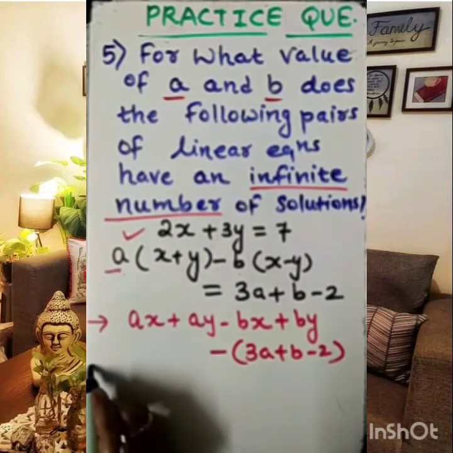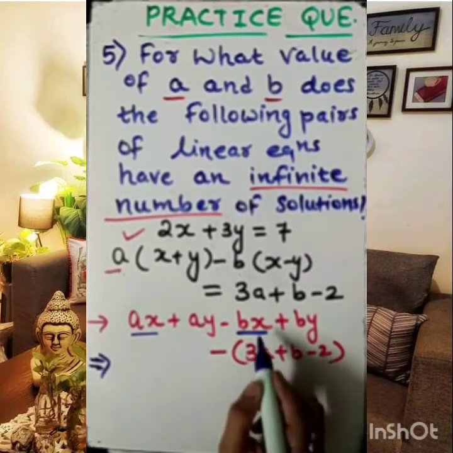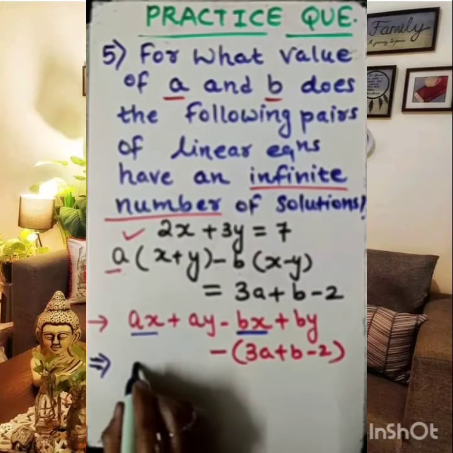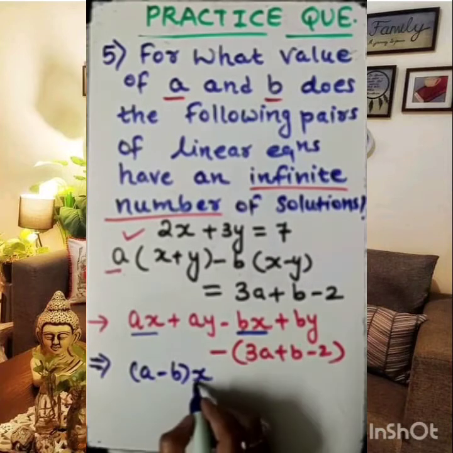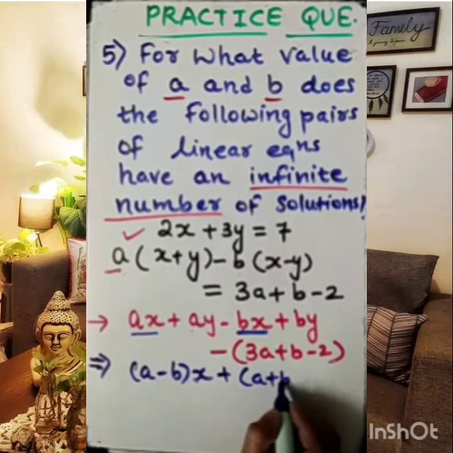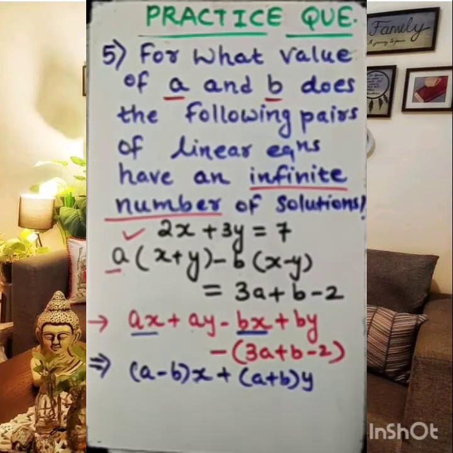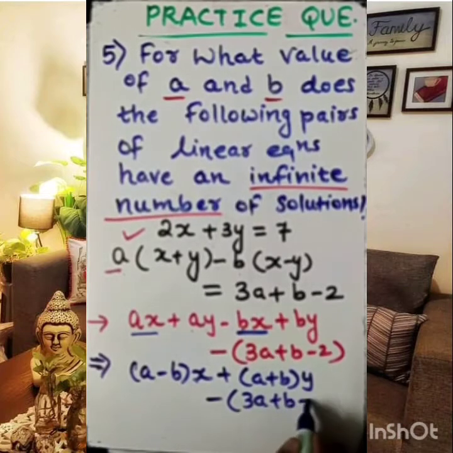Now if I arrange this, next step, ax minus bx, then I will have (a minus b) outside the bracket times x, plus (a plus b) outside the bracket times y, and this minus (3a plus b minus 2), that is equal to 0.